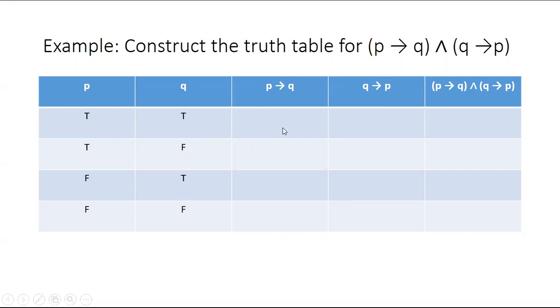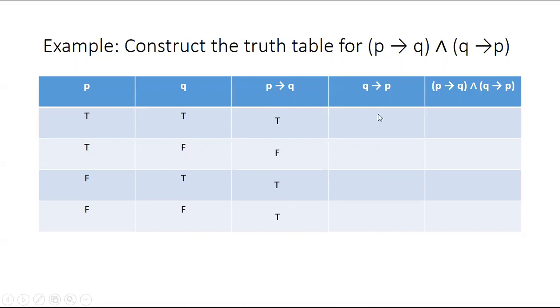What is P implies Q for true, true? True. True, false? False. False, true? True. False, false? True. Only one condition is false: the true, false condition is false, and remaining all other conditions are true.